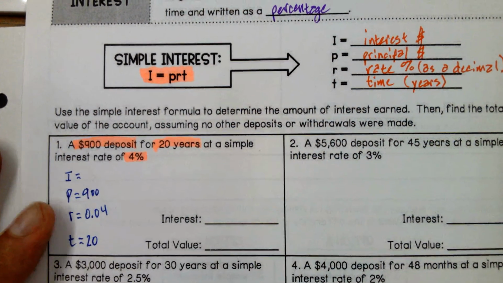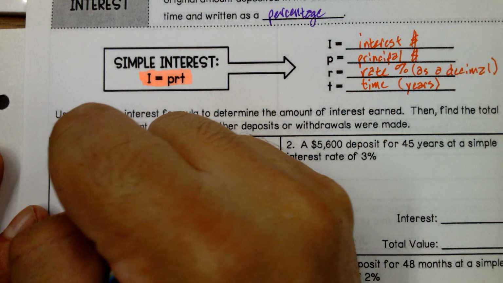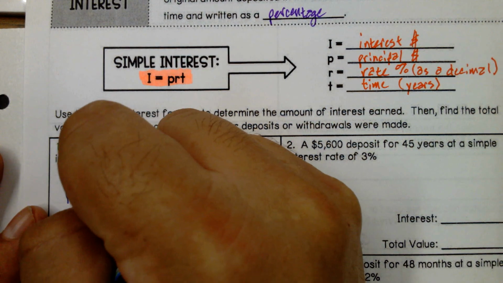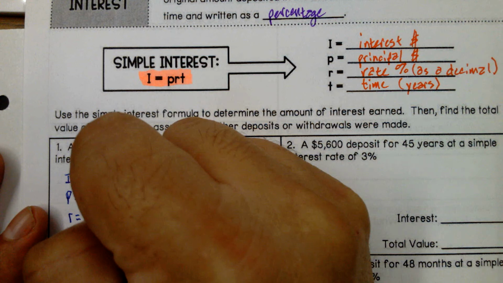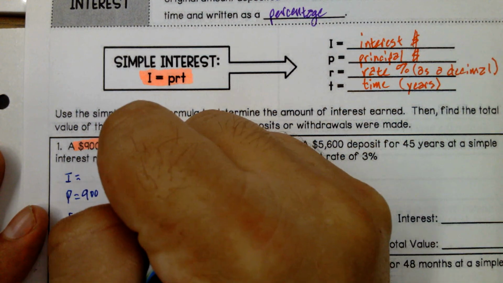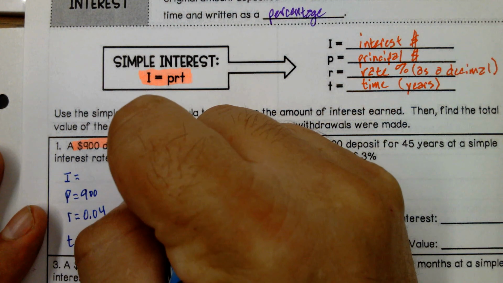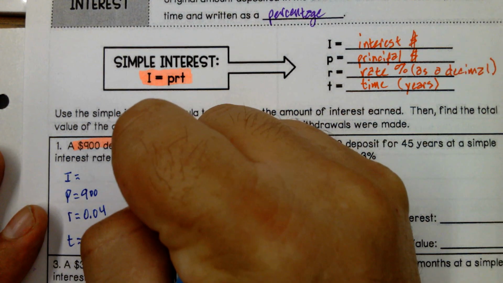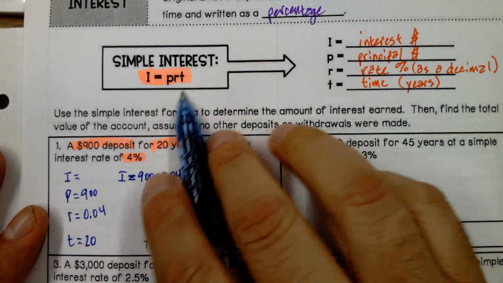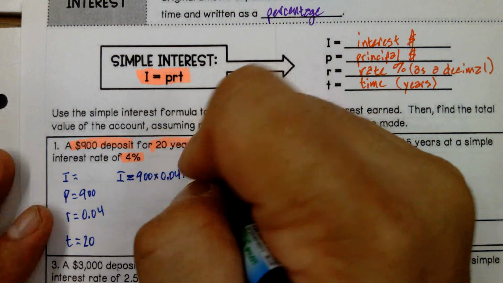Okay, so we want to figure out the interest first of all. So let's put in the formula. Interest equals principal, so that's 900, times the rate, which is 0.04, multiplied by time, which is 20.